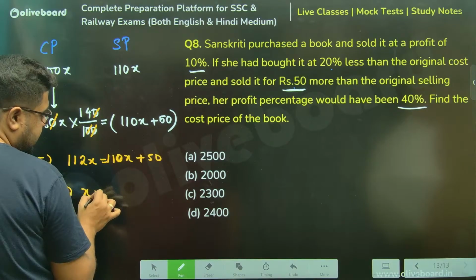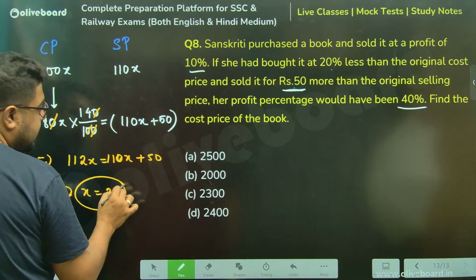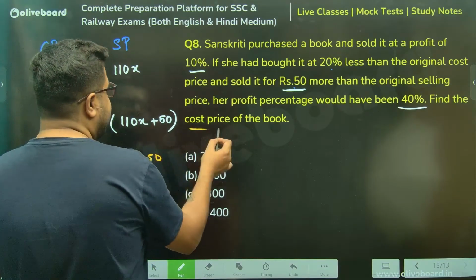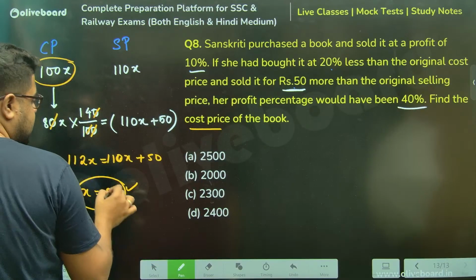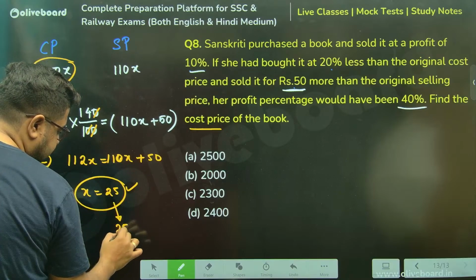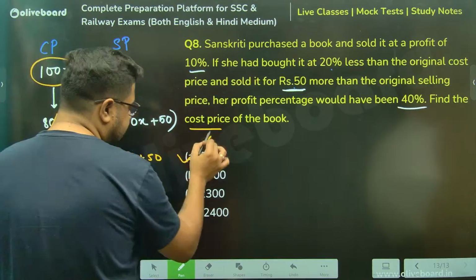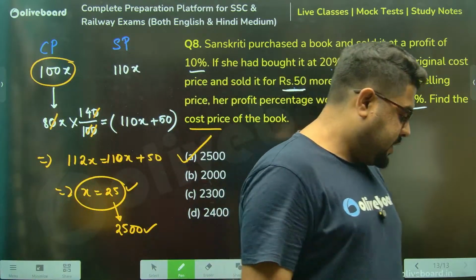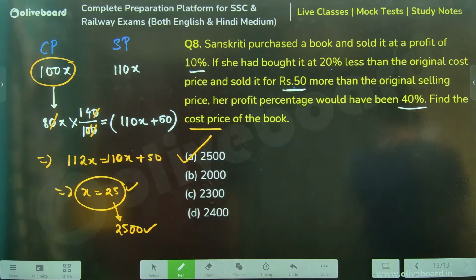So x is 25. They are asking, find the cost price of the book, that is the value of 100x. So that will be 25 into 100, 2500. Option A is your correct answer. Option A most definitely is your correct answer.